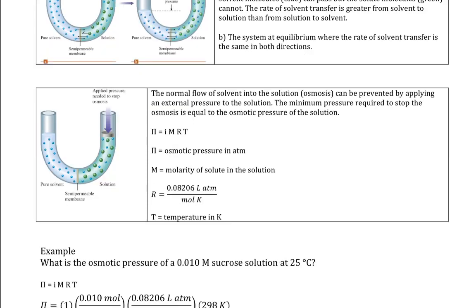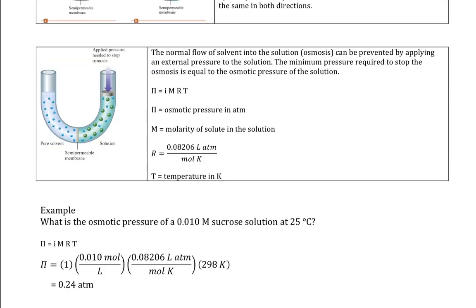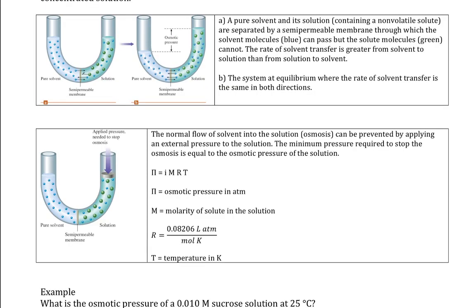And our next diagram is the normal flow of the solvent into the solution, that is osmosis, can be prevented by applying an external pressure to the solution. The minimum pressure required to stop osmosis is equal to what we call the osmotic pressure of the solution. So back up in our diagram here, this first one, we see that the solution level is higher than the solvent level.